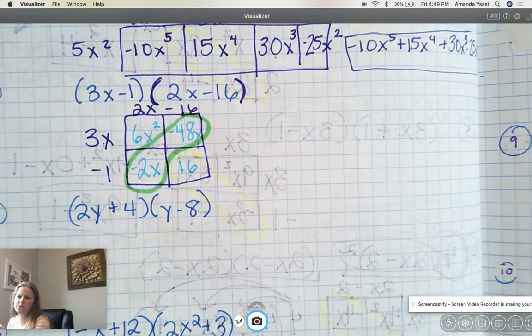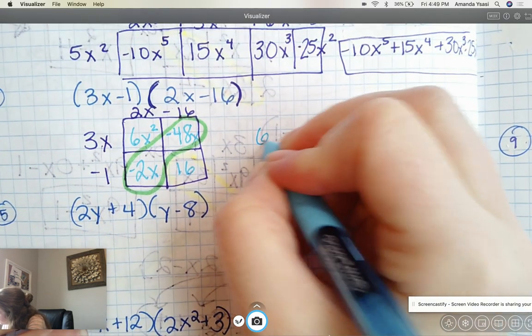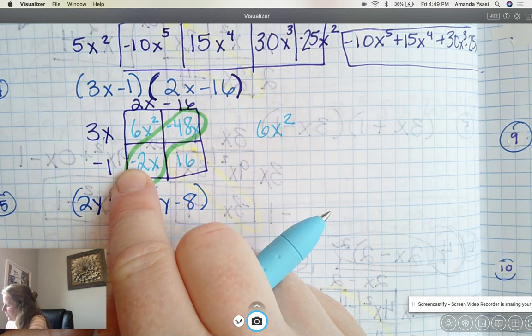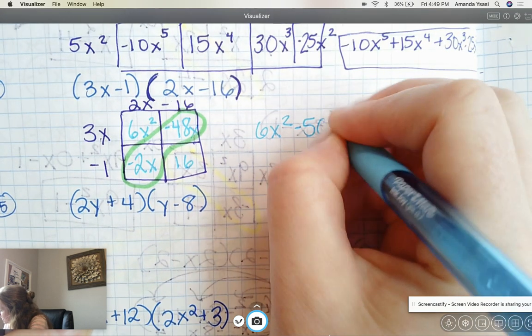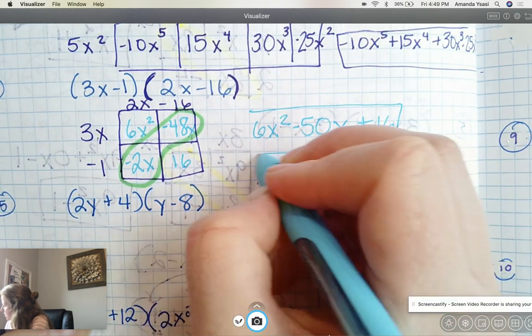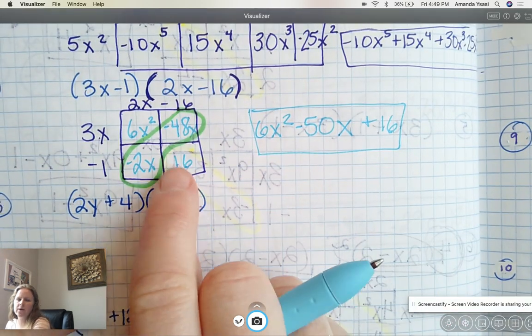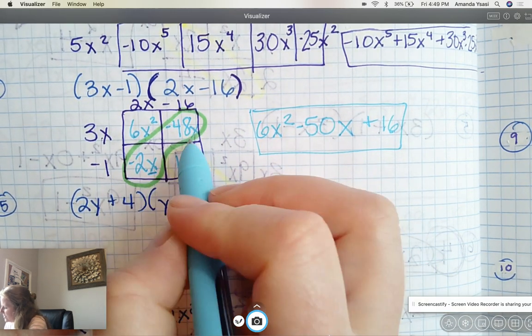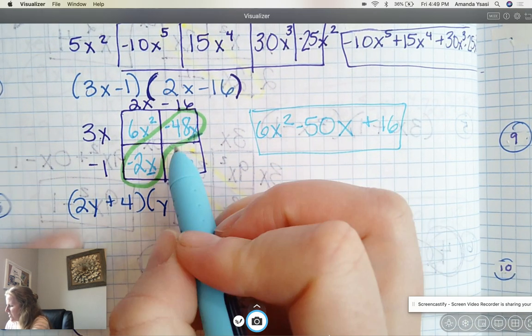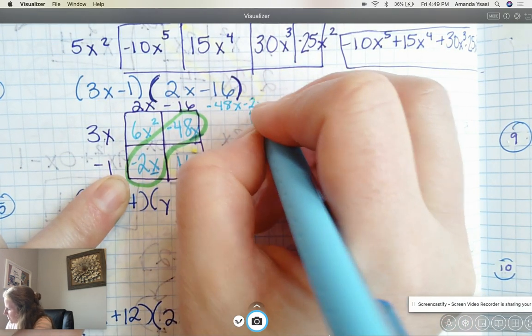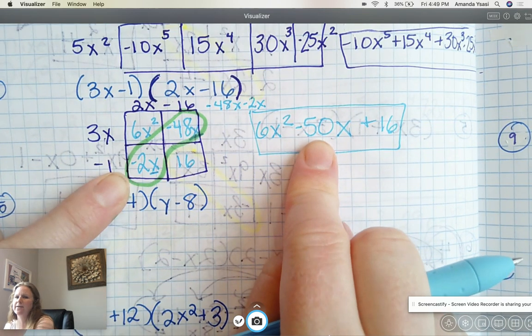You add those. So we have 6x squared, negative 48x and negative 2x is a negative 50x plus 16. Since these are both x's, they're like terms. So I do negative 48x and a negative 2x, and that's how I get that negative 50x.